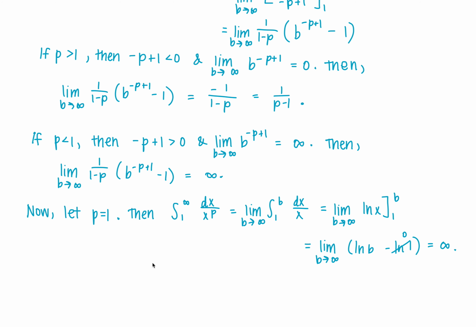So, in summary, what do we have? We can say that the integral from 1 to infinity of dx over x to the p is going to converge when p is greater than 1.